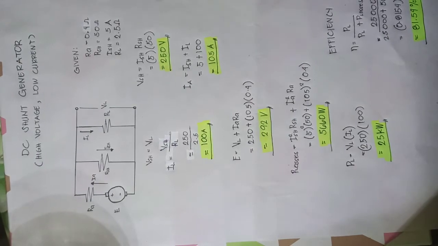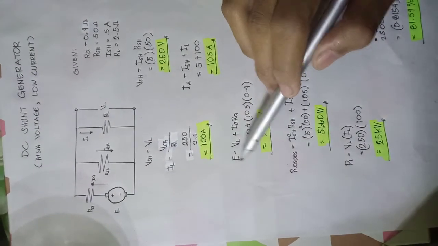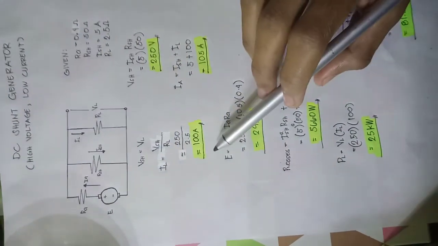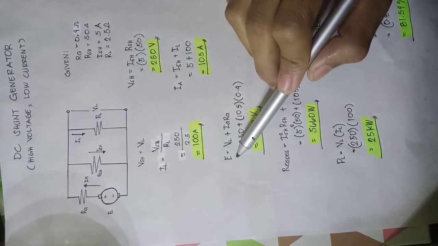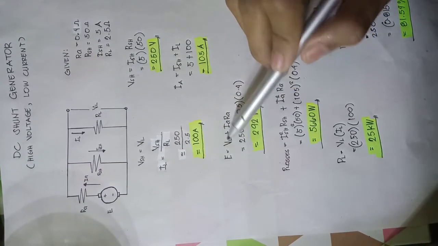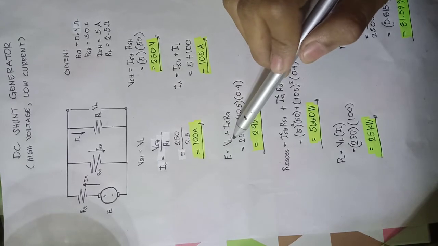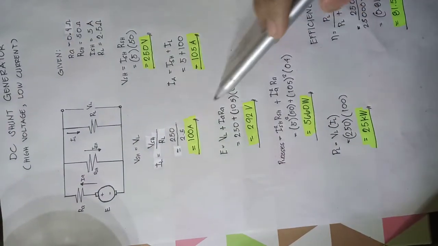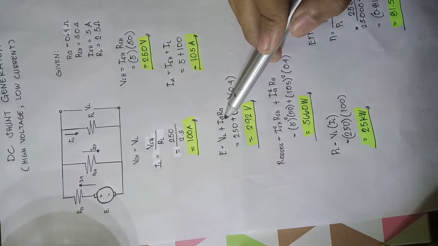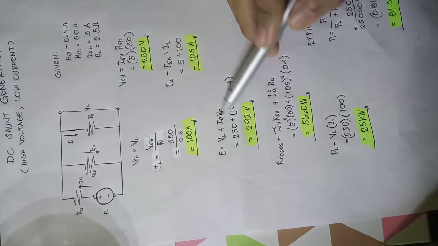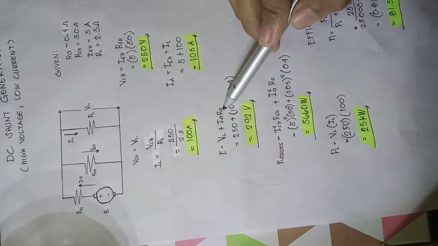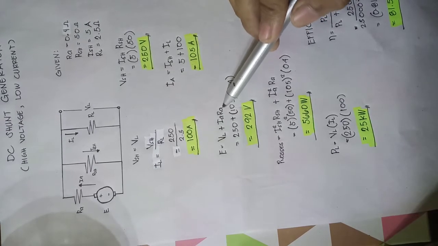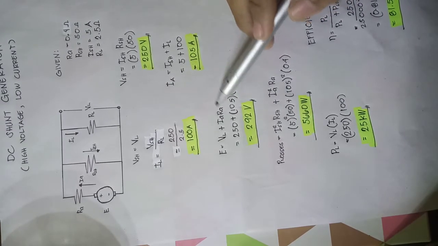So since there is generated EMF, we have to solve the generated EMF by adding the voltage of the load plus the voltage of the armature. The current of the armature multiplied by the resistance of the armature gives us the voltage of the armature.